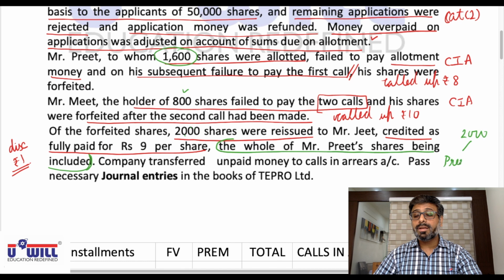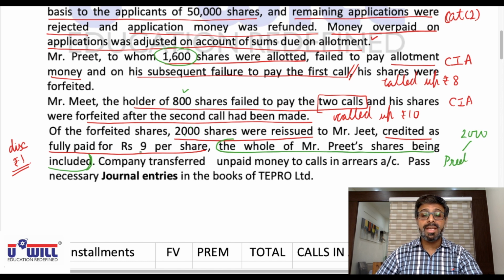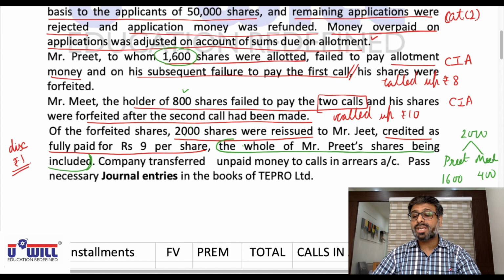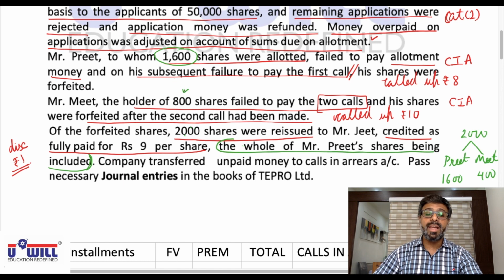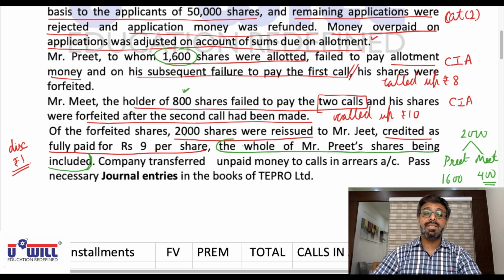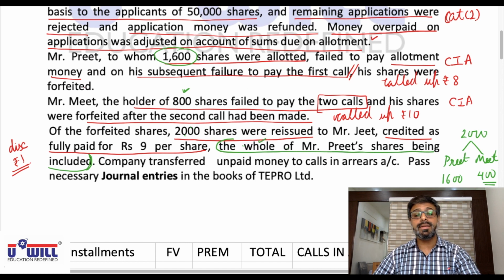In short, Meet's shares are not all reissued. Out of 800 only 400 are reissued, and Preet's shares are all reissued.